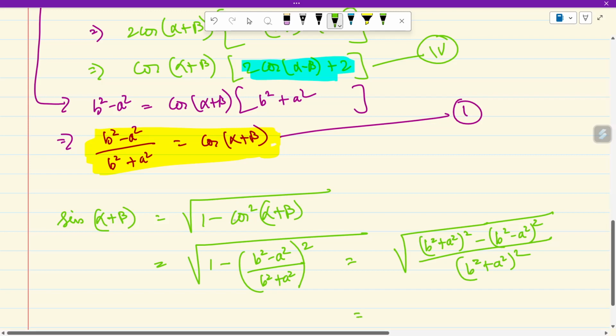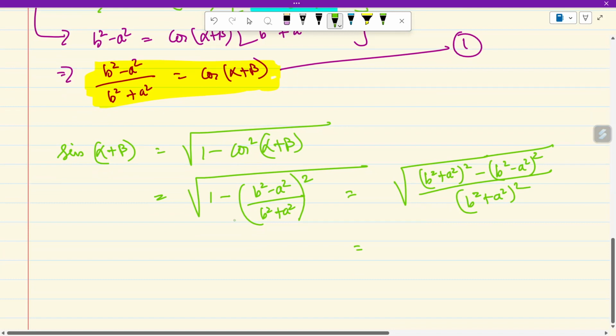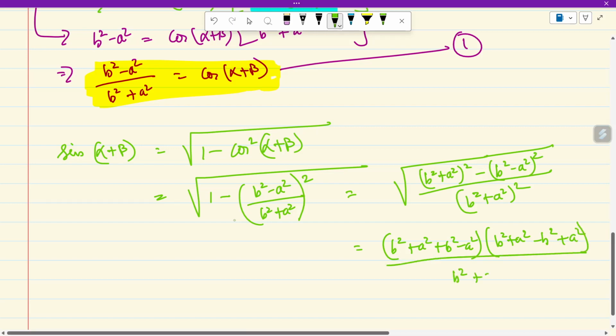This can be further simplified in the form of difference of two squares. So this can be written as b square plus a square plus b square minus a square in one bracket, and in another bracket b square plus a square minus b square plus a square, upon b square plus a square whole square, all inside one single root.